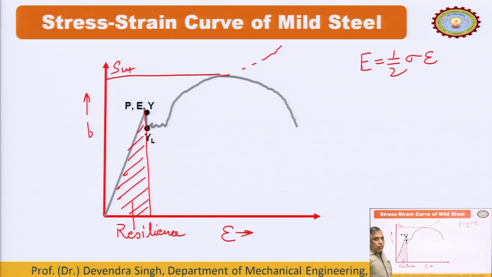If it is more, then you can induce more stress, and as soon as you remove the deforming load, the material will be able to regain its original shape. So, this property will be useful for the material you select for the spring. स्प्रिंग में डिफॉर्मेशन चाहिए हमें, और डिफॉर्मेशन के बाद जैसे ही उसको डिफॉर्मिंग फोर्स हटाते हैं, उसे कंप्रेसिव या टेंसाइल फोर्स हटाते हैं, सो स्प्रिंग अपनी ओरिजिनल पोजीशन में आ जाना चाहिए.